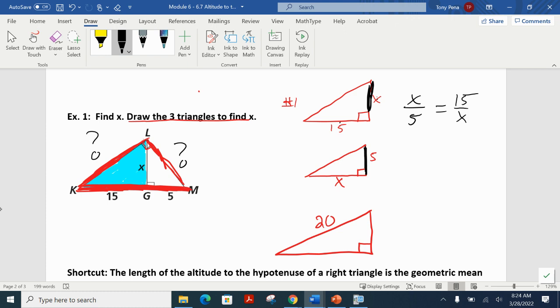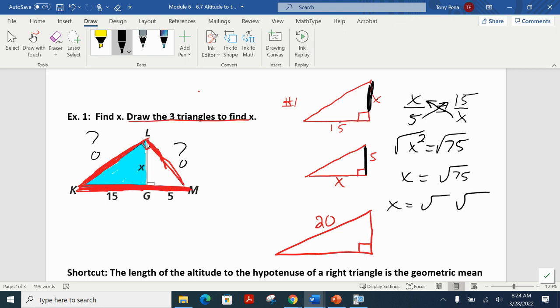All right, then crisscross, multiply. So you're going to get x squared is equal to 15 times 5, which is 75. Take the square root of both of those. We'll be doing that a lot here. We get the square root of 75. We do want to review and remember how to simplify this.